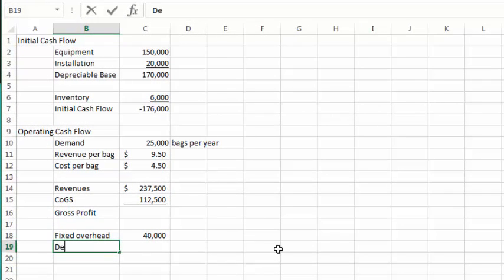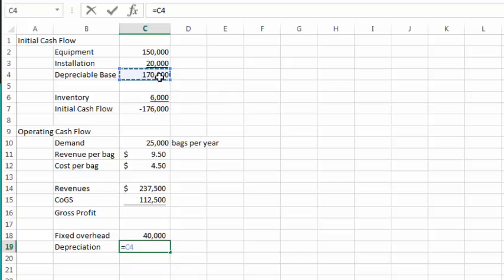And now depreciation. Depreciation is going to be the depreciable base, and since it's straight line, I'm going to do that divided by how many years, which is 5. So we're going to say equals that number divided by 5.